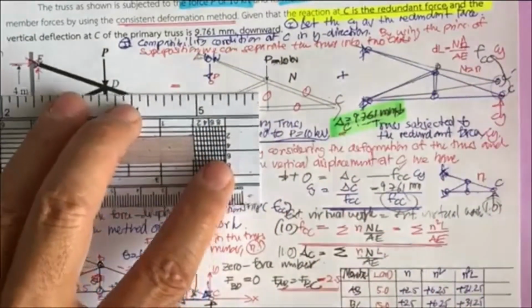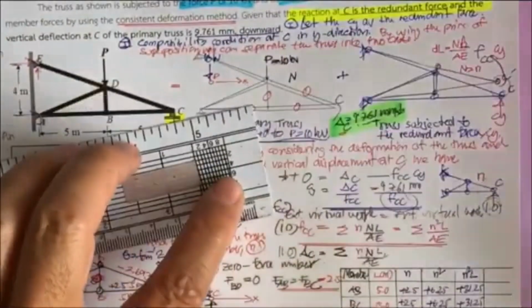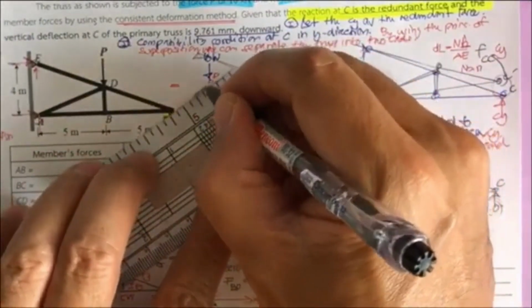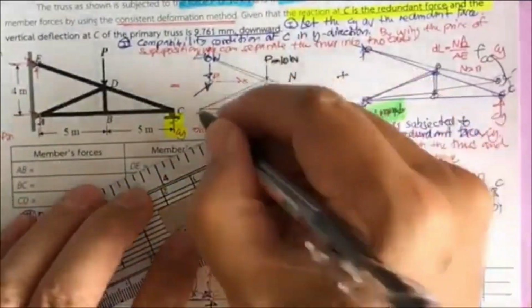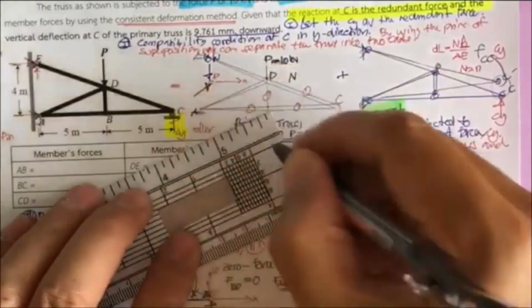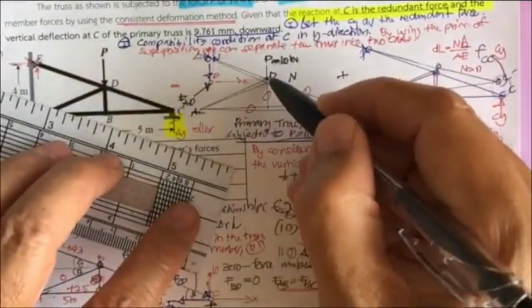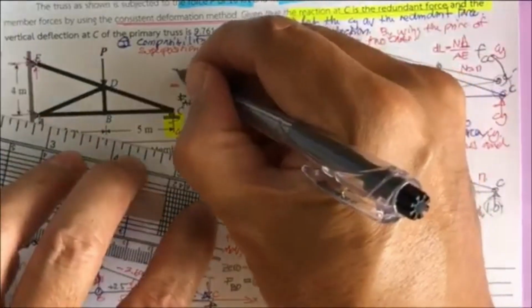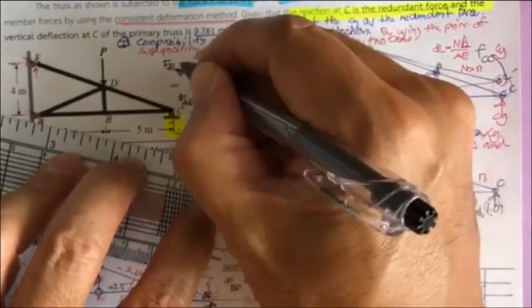If you set this one as the X and this one as the Y, I think this one should have this force here to balance it. This is going to be F sub AD, and this is going to be F sub DE.